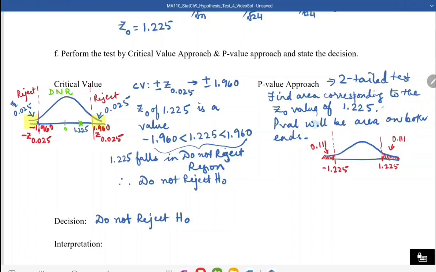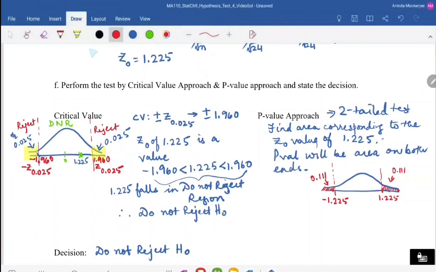Okay, but because it's a two-tailed test, we will have to multiply it by 2. So the p-value is 2 times 0.111, which is 0.222. So that was the first step.